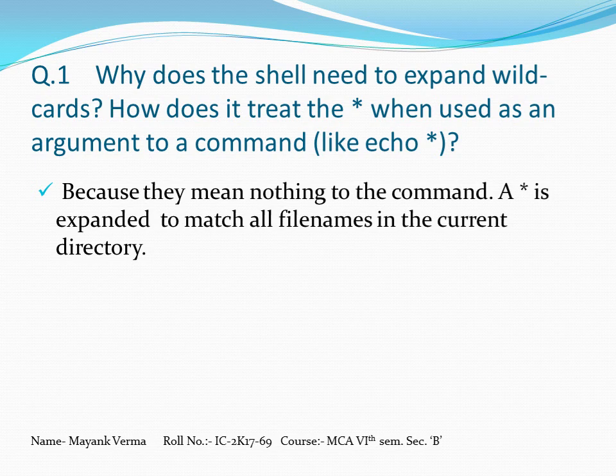How does it treat the asterisk when used as an argument to a command like echo *? Because they mean nothing to the command, an asterisk is expanded to match all file names in the current directory. It means that it matches all file names in the current directory in which you are active.